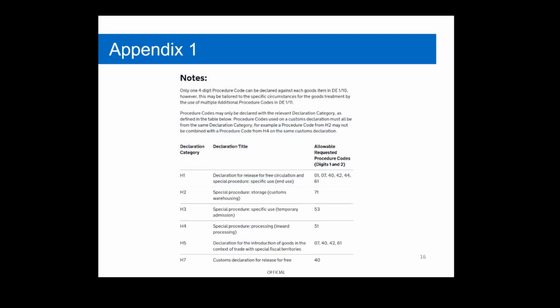In the first video of the series, Hallie identified her declaration category to be H1. By scrolling down, Hallie can identify the possible first 2 digits of a 4-digit procedure code based on that declaration category.